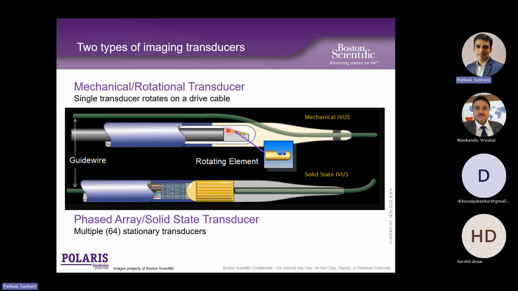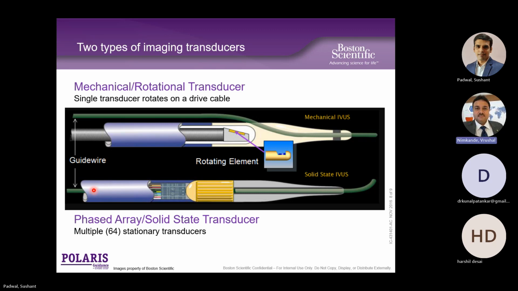Whereas in our rotating element, it rotates at a speed of 1800 RPM to generate the image. As you can see, ours is a transducer that goes on a monorail, and the length of the monorail is 1.6 centimeter, whereas the solid state passes through the guide wire directly.